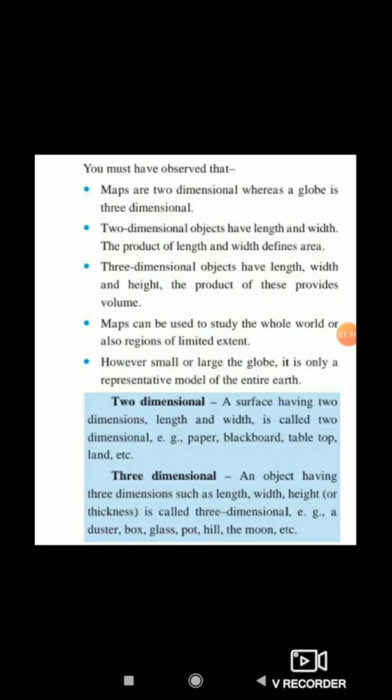Whereas three-dimensional objects have length, width and height also, and this product provides volume. Understood the second difference? Two-dimensional objects have length and width, whereas three-dimensional objects have length, width and height. The product of length and width defines area, whereas the product of length, width and height defines volume.